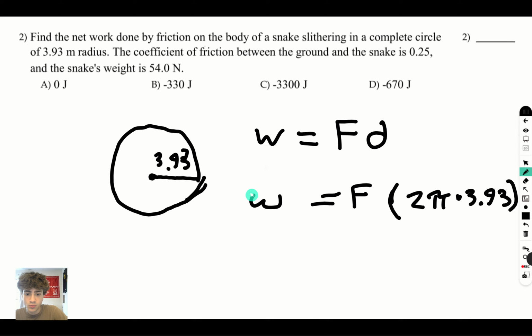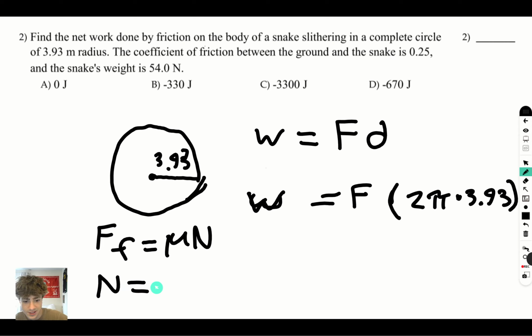And we know that what we're looking for in this particular problem is the frictional force, which we know happens to be mu normal. Since the snake is not on an incline, it's just on a flat surface, and it is not accelerating upwards or downwards, the normal force is going to be equal to its gravitational force.